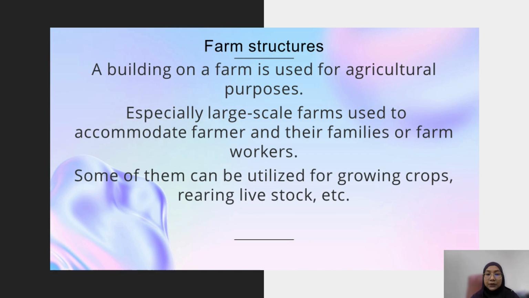For the farm structure, a building on the farm is used for agriculture purposes, especially for the large-scale farm, to accommodate farmers and their families or farm workers. Some of them can be utilized for growing crops and livestock.